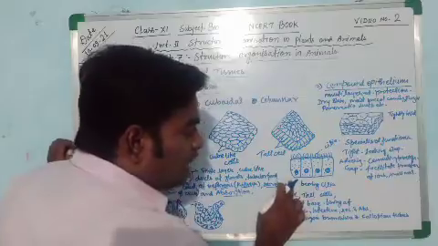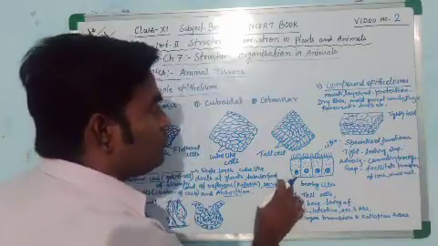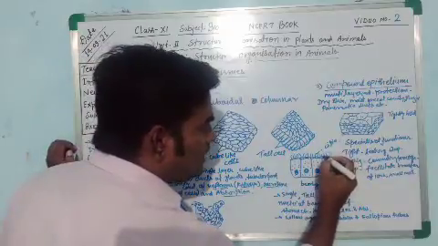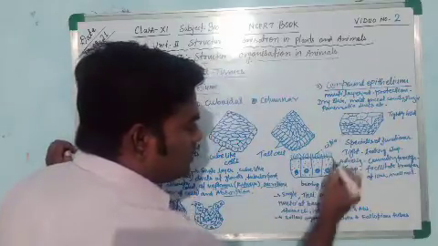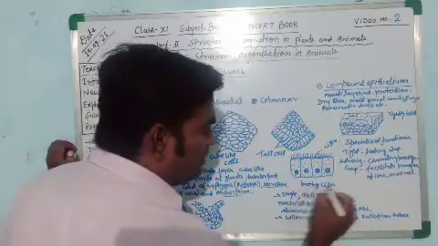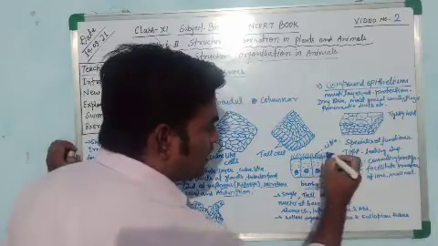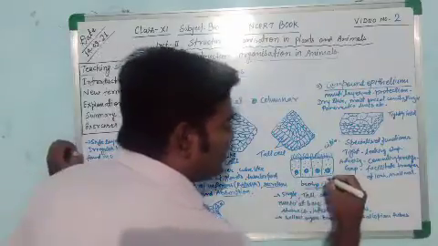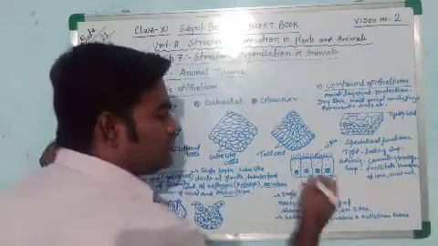Now one special type: if the columnar epithelium bears cilia, like this, then it is said to be ciliated epithelium.